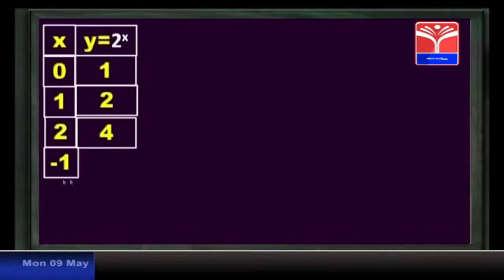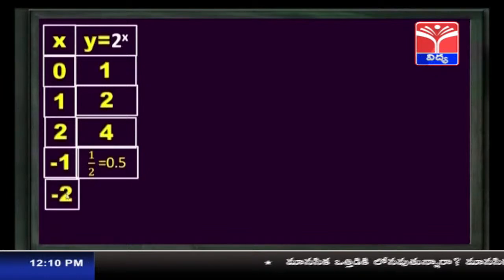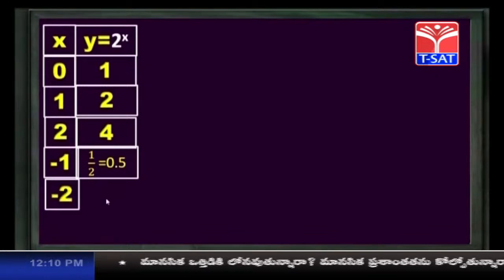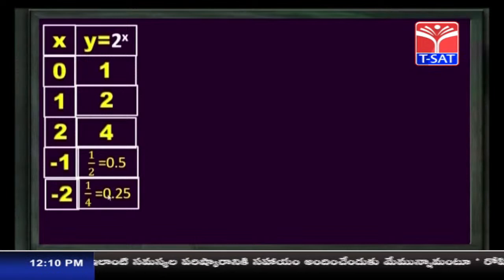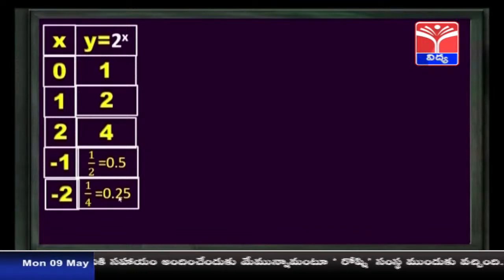Now let us take the negative values. If I take x is equal to minus 1, y is equal to 2 power minus 1, which is 1 by 2, which we can write as 0.5. If x is equal to minus 2, y is equal to 2 power minus 2, which is equal to 1 by 4, which we can write as 0.25.